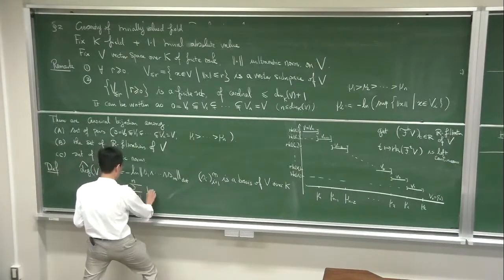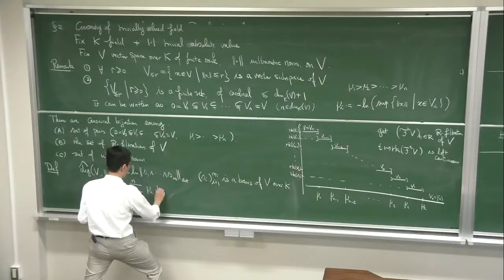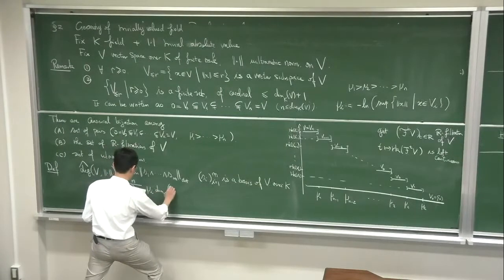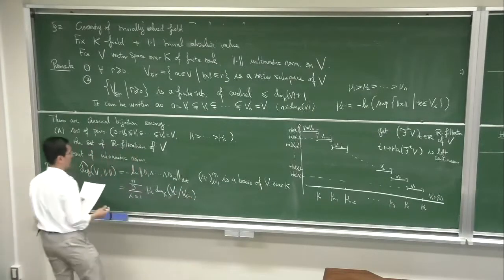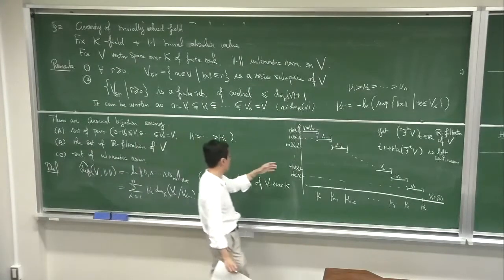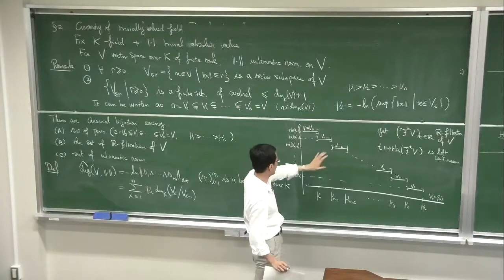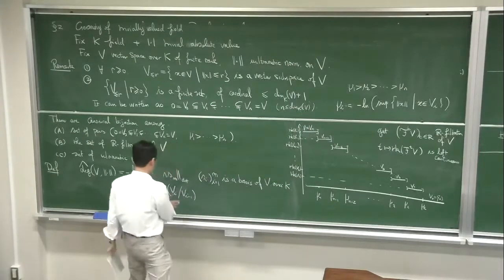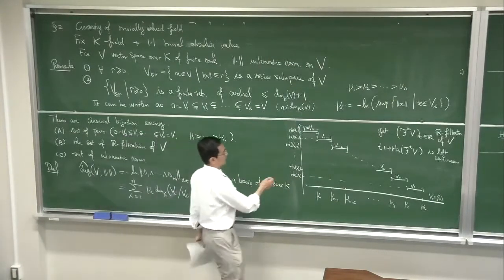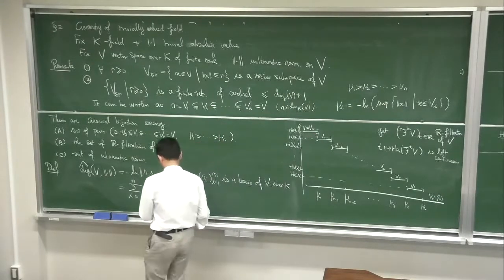So one way to compute this invariant is mu i times the dimension over K of the quotient space Vi over Vi minus 1. And then you observe that if you take this graph, the dimension of Vi over Vi minus 1 is just the size of jumps.